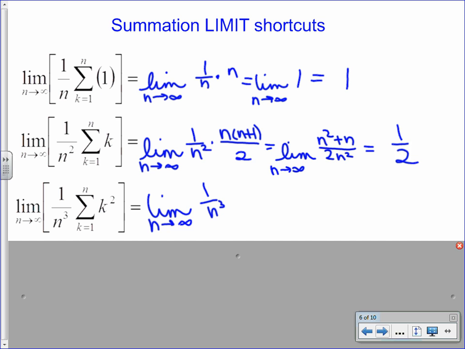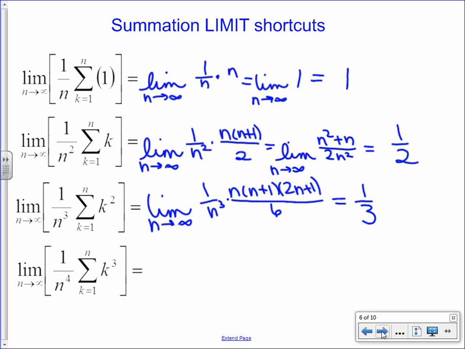What's our shortcut for k squared? n times n plus 1 times 2n plus 1 over 6. So where's our horizontal asymptote on this one? 1/3. And this one is 1/4. You need to know these.